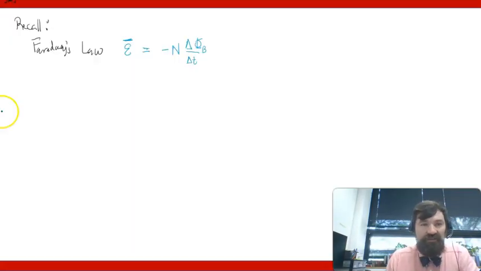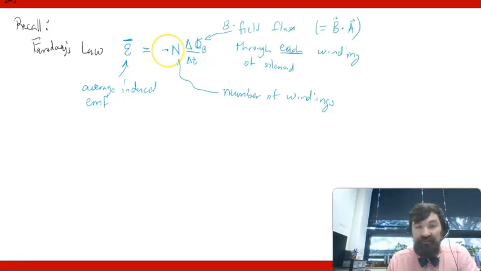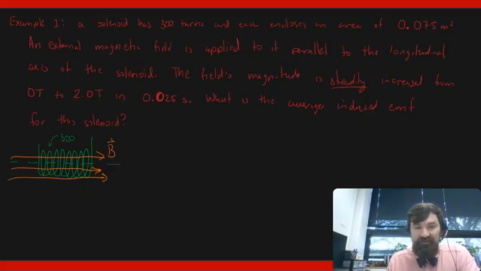Now to do that, we basically invoke Faraday's law. This right here is your induced EMF, whereas this is your magnetic field flux through the solenoid, and N is the number of windings present. So to solve for the induced EMF, we have negative N times delta of the flux, which is B dot A, divided by delta t.